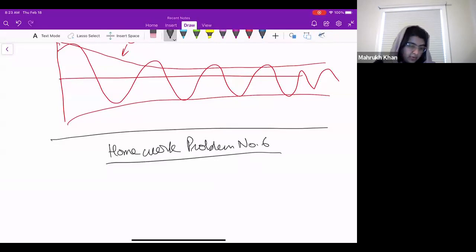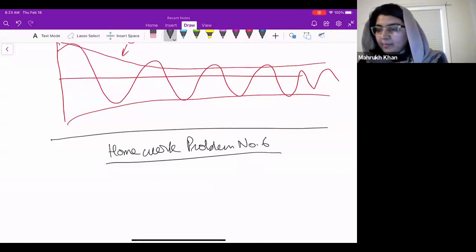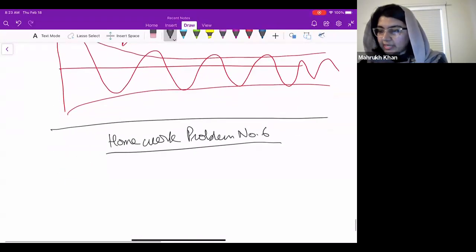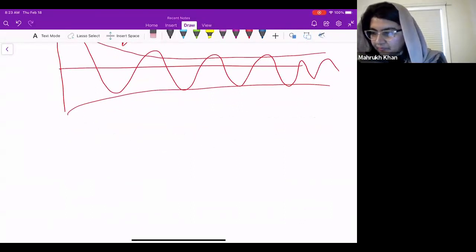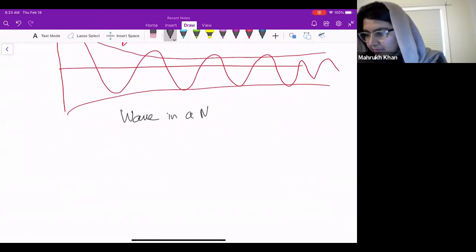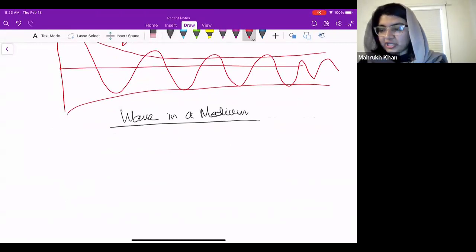Another thing is that I think I did not define it: when the wave travels in the vacuum or free space, it travels with the speed of light, right? But when a wave travels in a medium, its velocity changes.